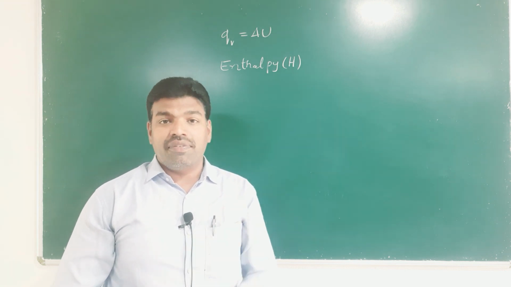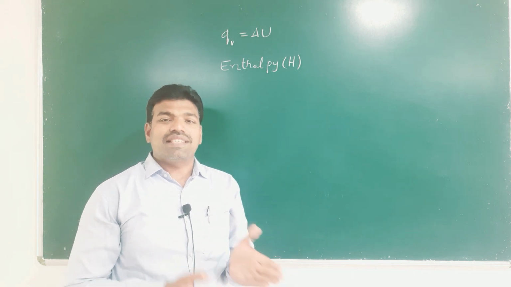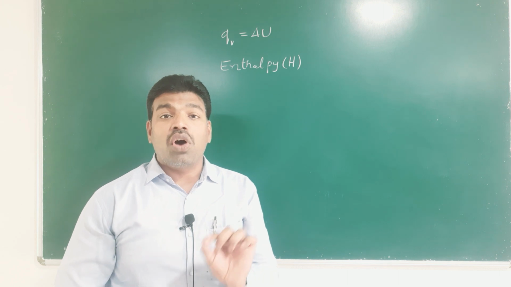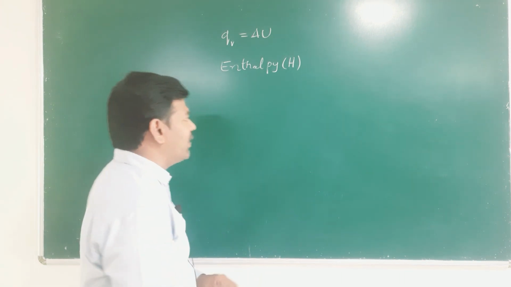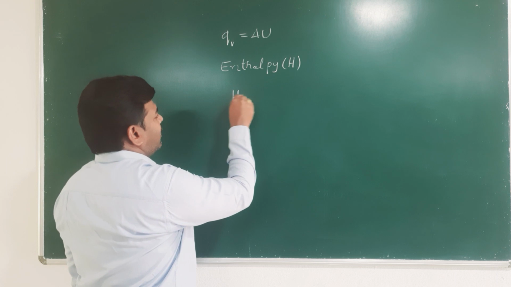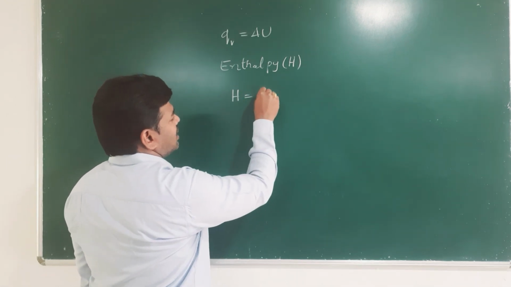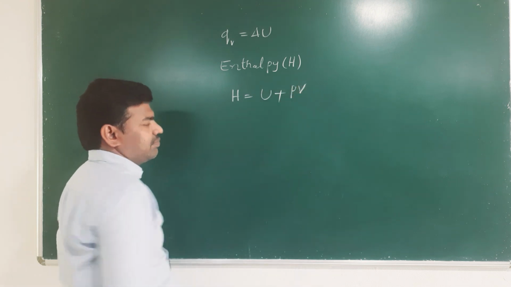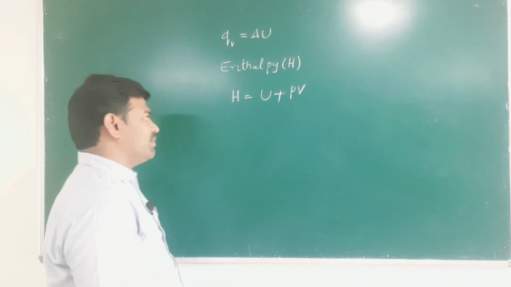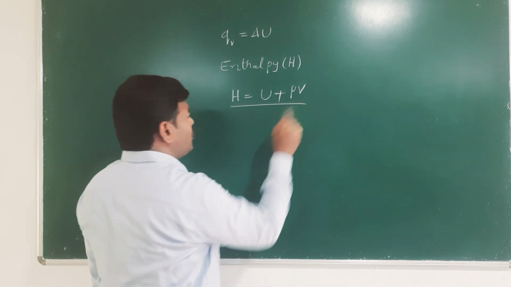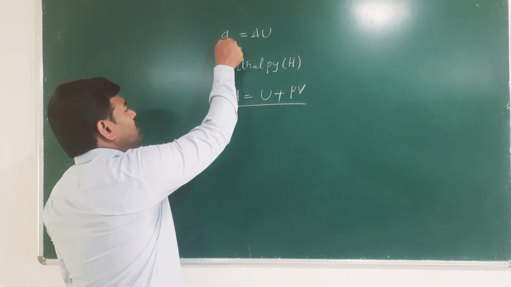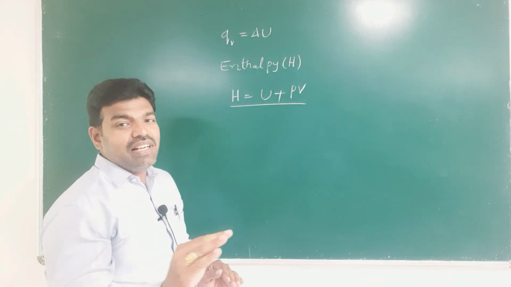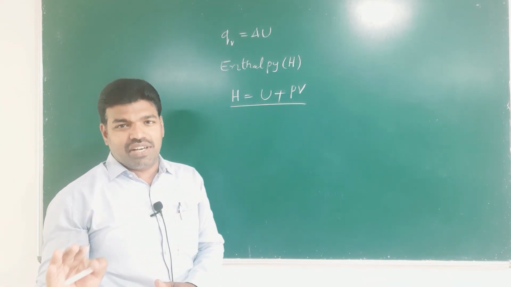Enthalpy is defined as a sum of internal energy and pressure volume energy. That is, enthalpy H is a sum of internal energy plus pressure volume energy. So, usually heat absorbed at a constant volume is equal to change in internal energy, but most of the chemical reactions are not carried out at constant volume.